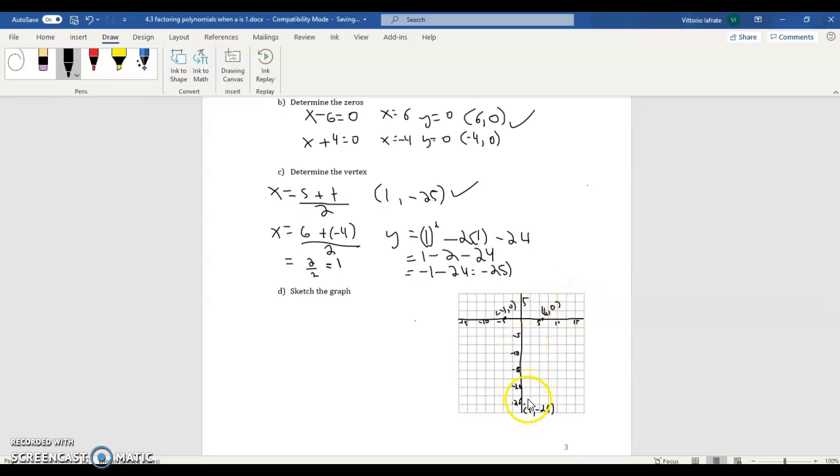And then we can connect the dots as is, but also since we have our y-intercept of 0, negative 24, we have 22.5 here. You go up by about 1.25, so just about over here for our y-intercept. I'm going to do a different color so we can actually see it.